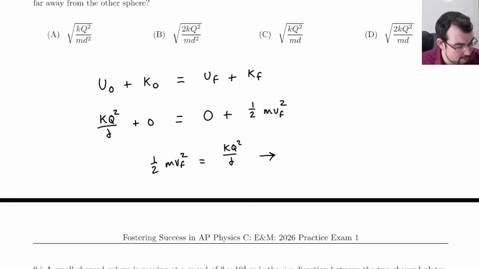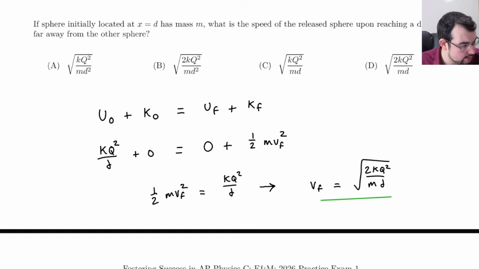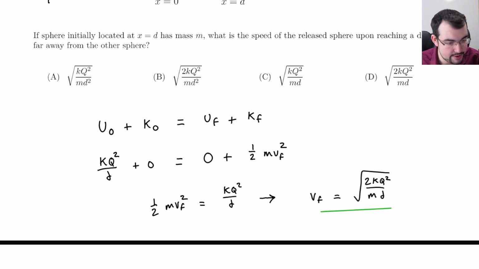Multiply by 2, divide by m, take a square root. Vf would be the square root of 2kq squared divided by md. Okay, so what would that be? That looks to be d. So I would rank this level 2.